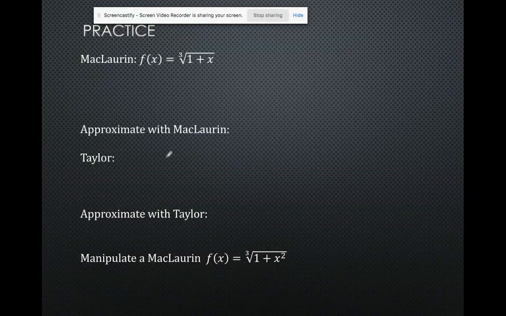So the first thing it asks you is, given the function cube root of 1 plus x, which I'm going to write like this. Write out the first 4 non-zero terms. They don't ask me for the nth term. Write out the first 4 non-zero terms of the Maclaurin, which means the center is 0.